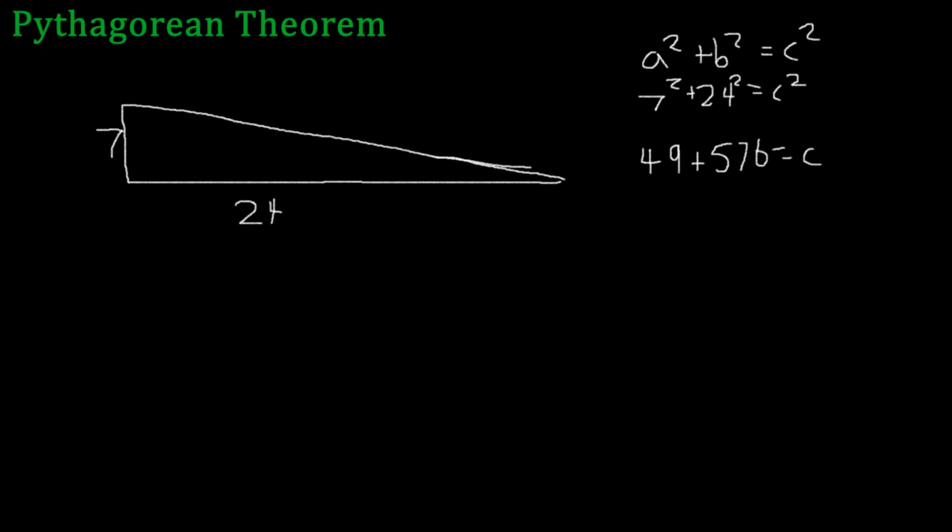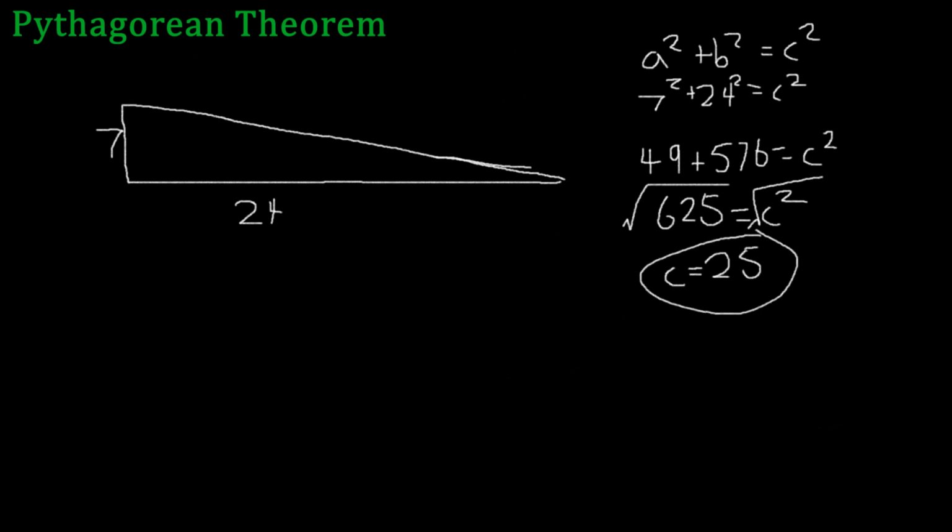And that equals c squared. So what we have to do now is add these, and it becomes 625, which equals c squared. Then we have to do square root, and this becomes c equals 25. And that means we know that our hypotenuse is 25.